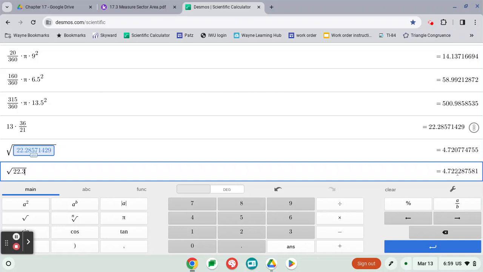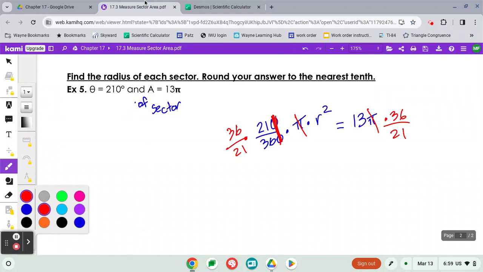Obviously, the answer is not exactly the same because we rounded, but for our purposes, it will still give us 4.7 as our answer. So r squared equals 22.3, and when we take the square root, r equals 4.7. There was no label here, so we can just say 4.7 units. We know it's not squared though because it was not area.